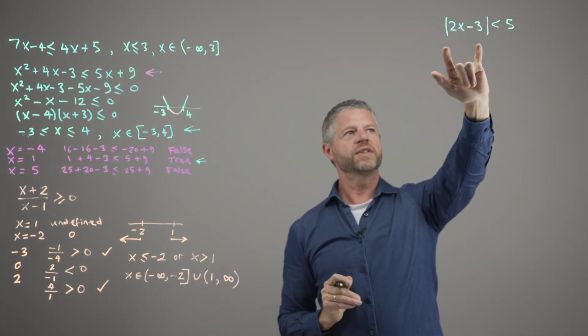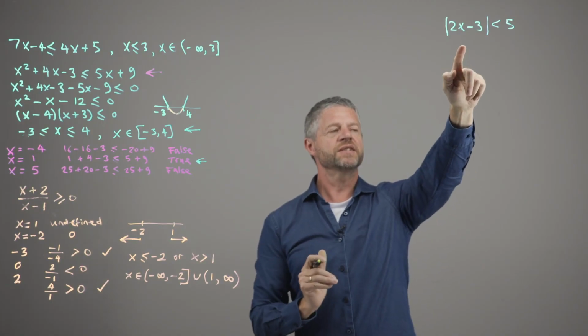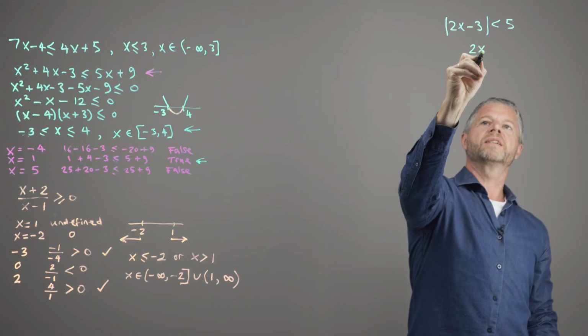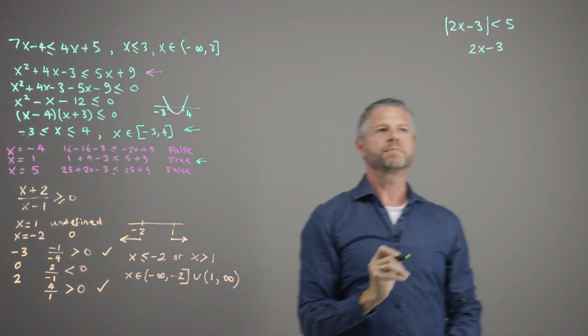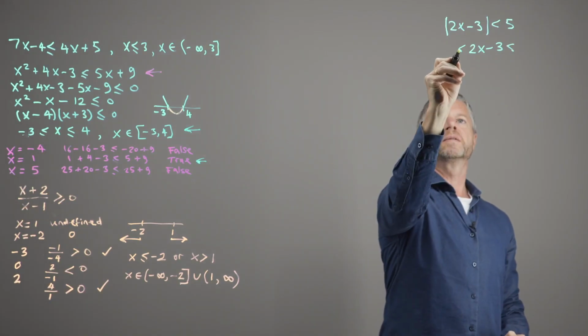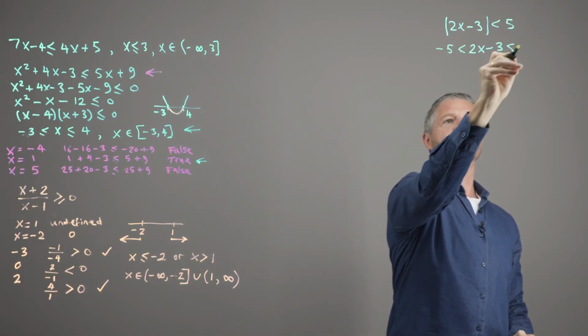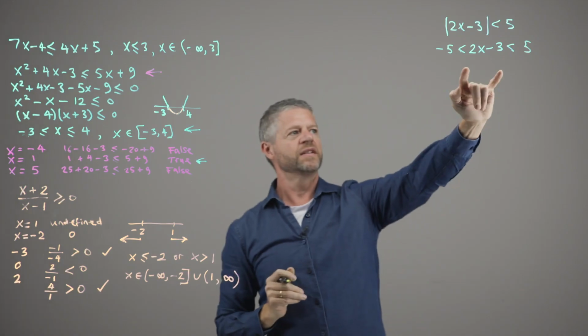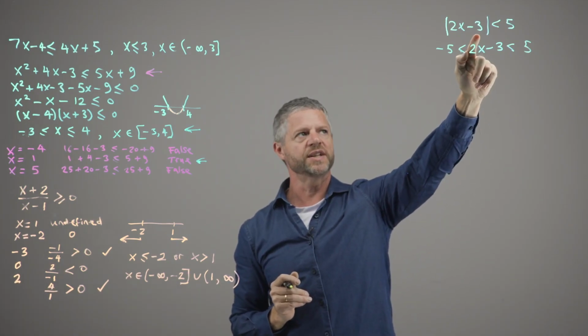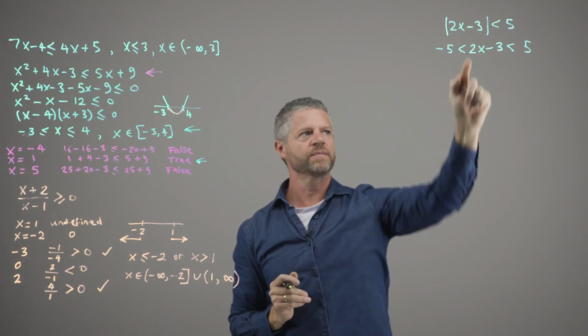So if we think about what this means, it means that 2x minus 3 as a number must be in between -5 and +5. This continued inequality is another way of writing this inequality here with the absolute value.